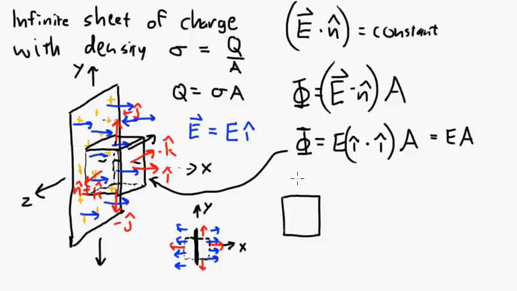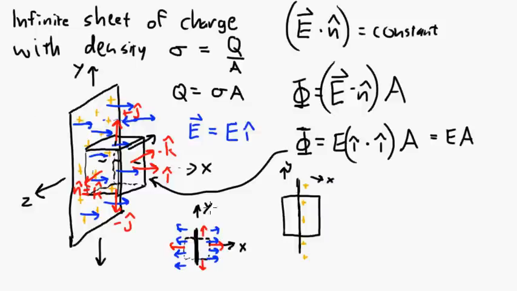This is still an edge-on view. So there's your y, and there's your x. And this is still a cube, so we're looking at a cube that lets the infinite sheet of charge slice through it. Okay, so there's your infinite sheet of charge, and I'm putting the little pluses on to signify this line has the charge on it. And then we basically take the cube, and I'll do green for cube dimensions.